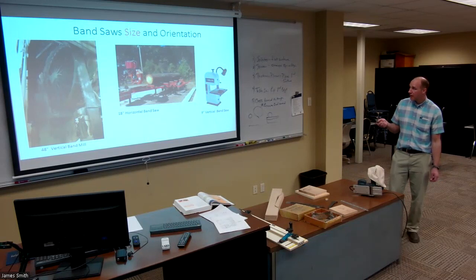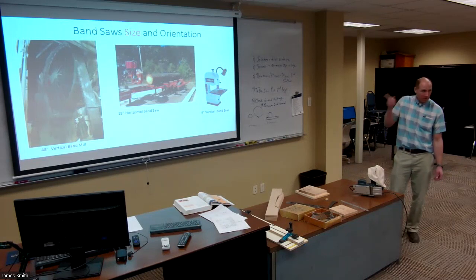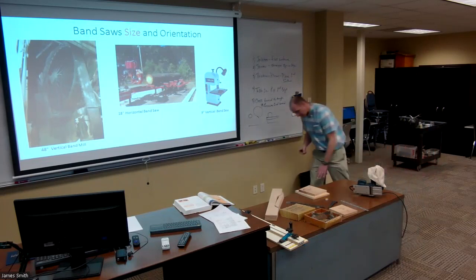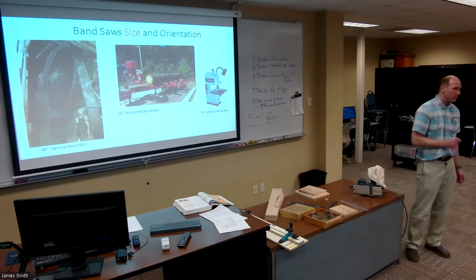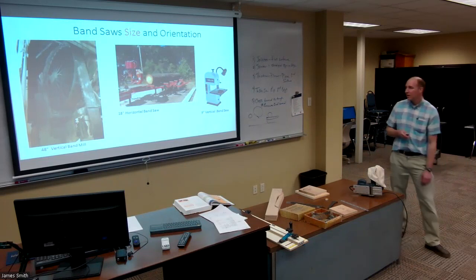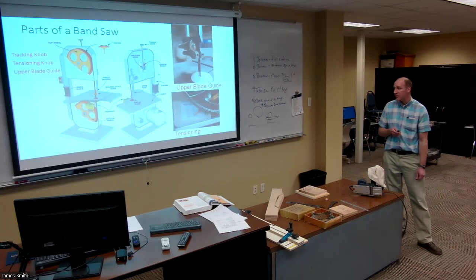This one is a little 9-inch vertical bandsaw, and this is a 48-inch vertical bandsaw, okay? And you get that blade running around those two wheels. It's tracking, and so you're able to remove a lot of material really quick. A lot of those blades, I've got some examples under there, I'm not gonna pull them out, but they're really thin, so your kerf isn't really that wide, and they really go. So a fantastic machine.